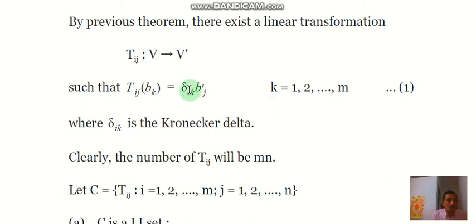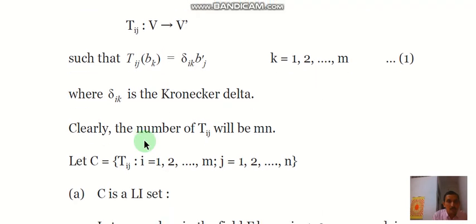You know the property of the Kronecker delta: δik equals 1 if i equals k, and δik equals 0 if i is not equal to k. Here i varies from 1 to m and j varies from 1 to n, therefore the number of such Tij will be mn.